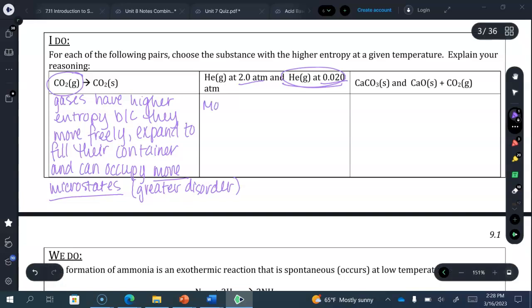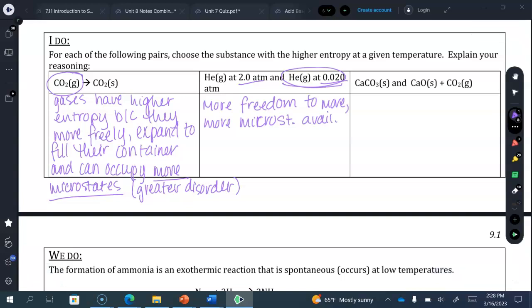It has more freedom to move, and so thus has more microstates available, and results in greater entropy.